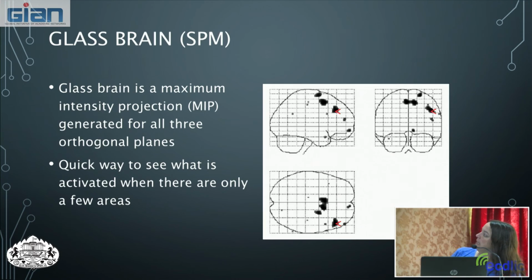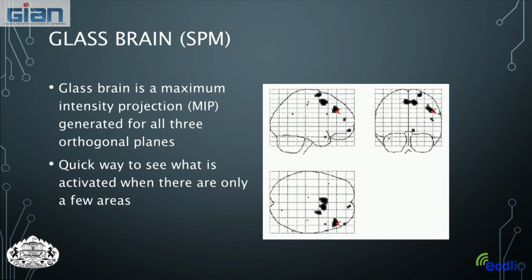The thing about these glass brains is it's kind of hard without looking at them a lot to actually get an idea of what you're looking at. So can you see that little red cursor mark in this brain here? It shows this spot of activity. When you look in the coronal view, this is where you are with that spot.